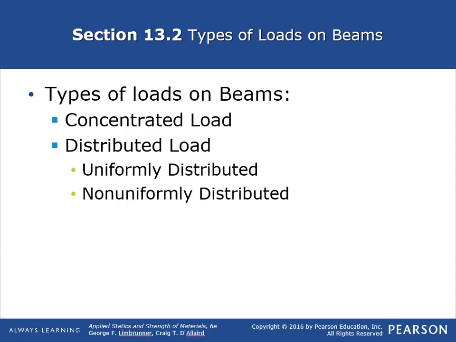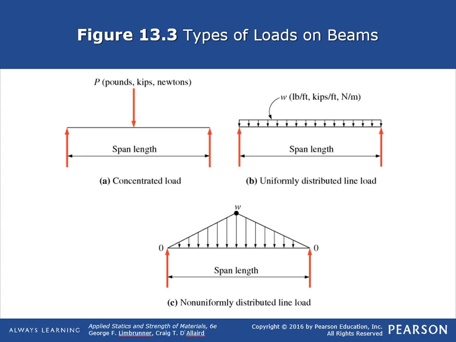So, types of loads on beams: you can have concentrated loads or distributed loads, and the two different types of distributed loads would be uniformly distributed and non-uniformly distributed. Here's our example of a concentrated load. Here are your two reactions. Here's your load.